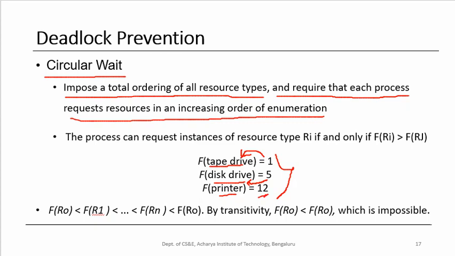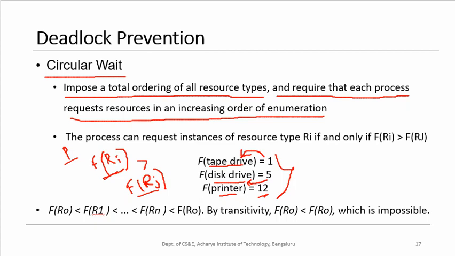Now if a process P has to make a request for some resource, let's say Ri, then f of Ri should be greater than f of Rj, where Rj is the resource that this process P is holding. I hope you understood this.